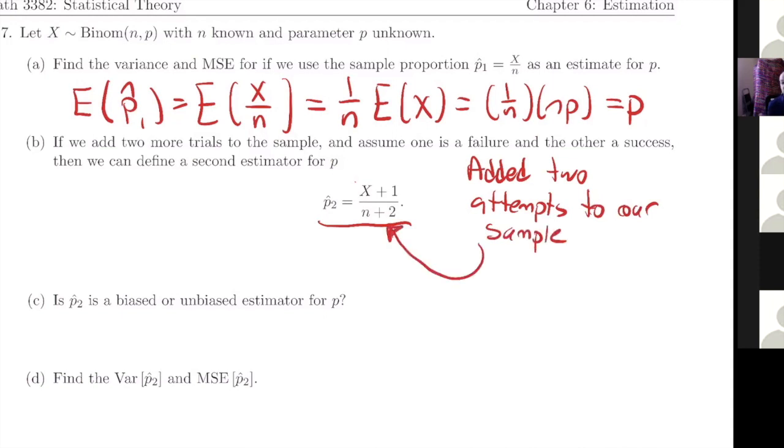So down here, that's what the +2 is. And we're going to assume that one of them is a success. That's the one up here.